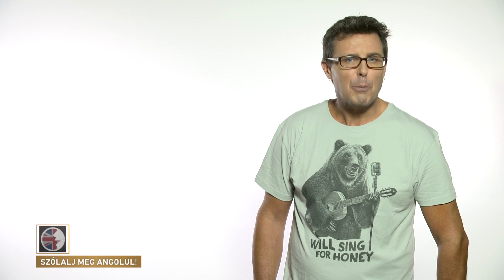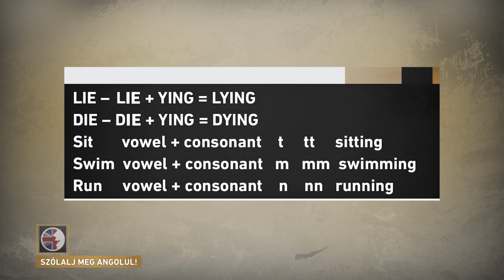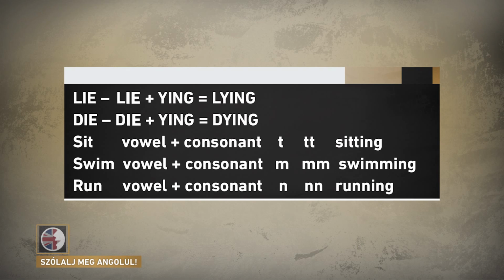Good. Now, are there any other places we have to be careful? Yes, there's another rule we need to remember. If the verb ends in IE, then we replace the IE with YING. The baby's not lieing on the bed, it's lying on the bed. The tree is not dieing, it's dying.